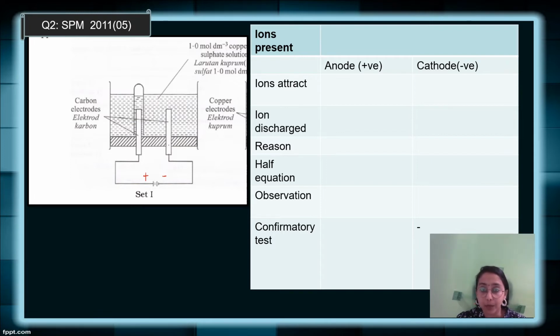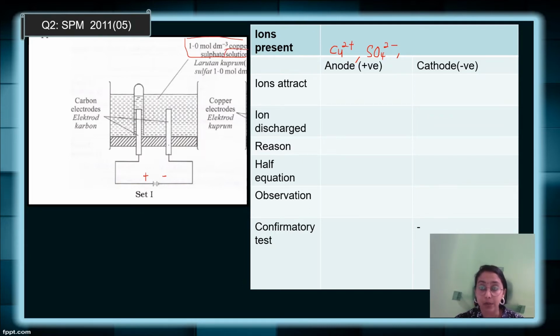And then the second one, based on the solution, identify the ions. So you can see copper(II) sulfate solution. The ions present will be copper(II) ions and sulfate ions which come from the solution. And can you see the word solution here?